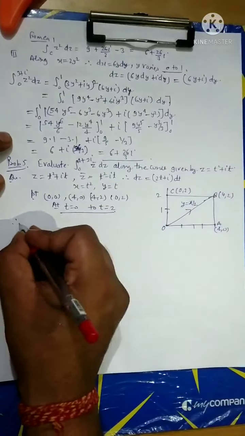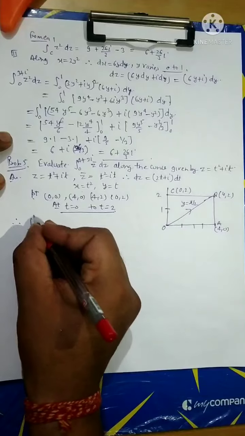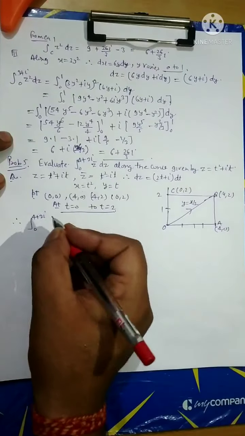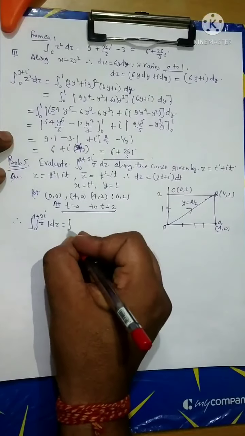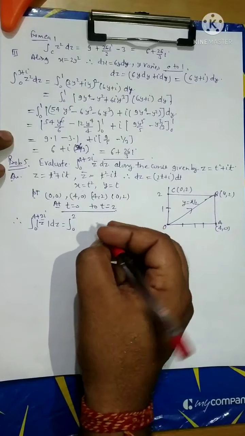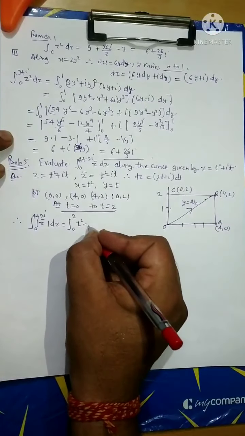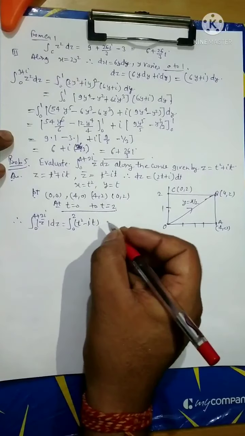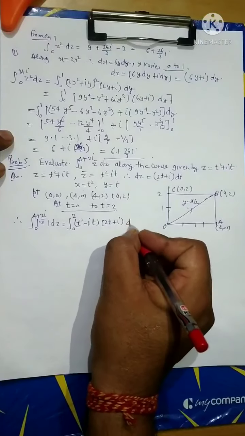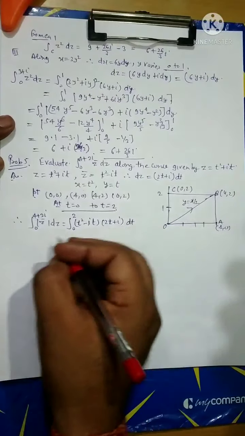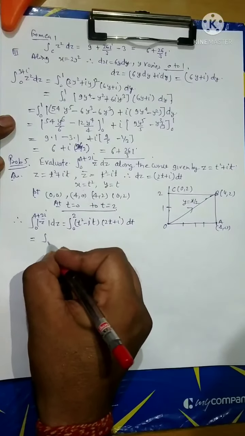Now integration 0 to 4 plus 2i, z bar dz, this is equal to integral limit 0 to 2, t square minus it, 2t plus i dt. This is equal to integral limit 0 to 2.